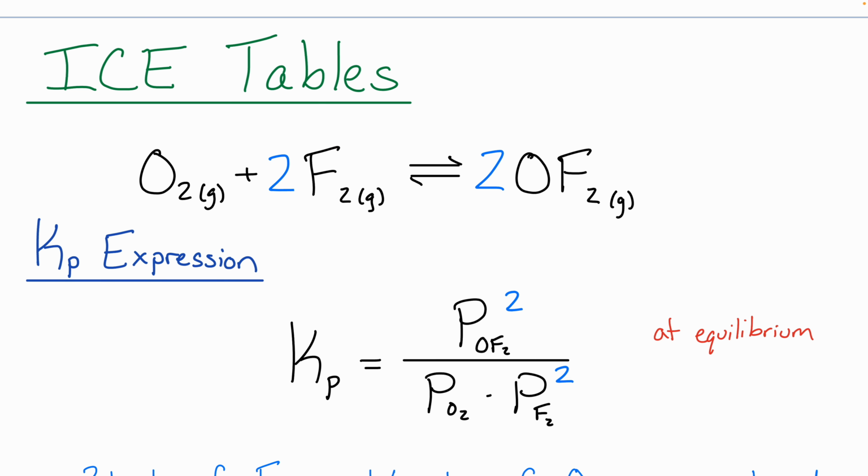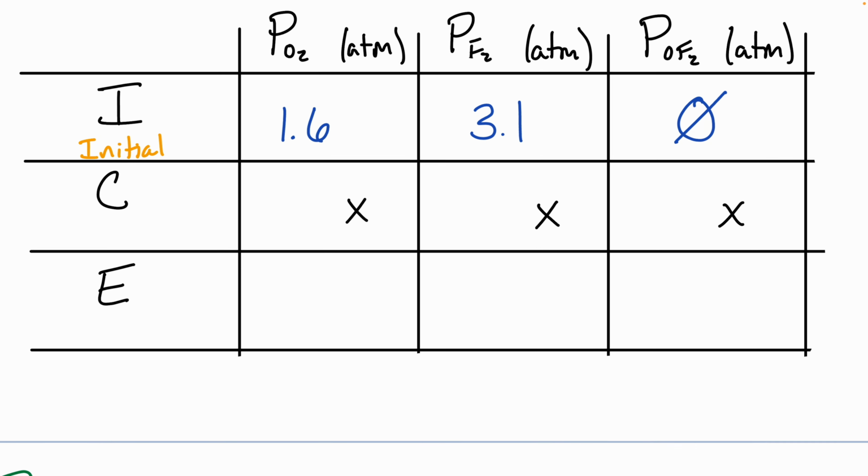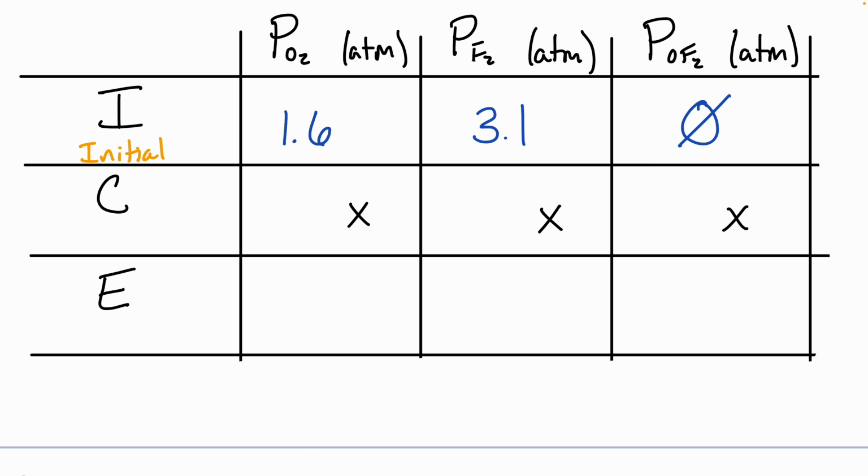But what's going to happen to my products? It's going to increase. So my change is going to be different, specifically the sign of change. My reactants are going to decrease, so I need a negative sign in my change box for my reactants. And I could just leave it alone or put a positive sign in there for the change box of my products, because products are going to increase.